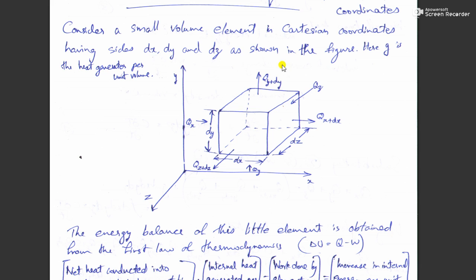In the y direction, Qy plus dy is the heat that goes out of the element. In the z direction, Qz plus dz is the heat that goes out of the element. We name it Qx plus dx because this heat travels through a distance x from the y-axis to the first surface of the element, and then travels another dx distance.